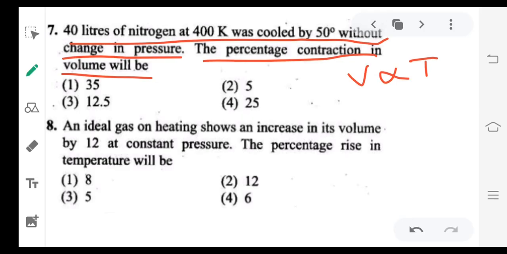Next, 8th question. An ideal gas on heating shows an increase in its volume by 12 at constant pressure. The percentage rise in temperature will be?